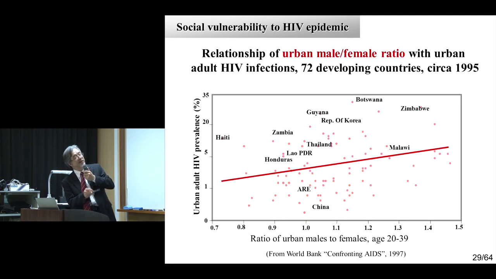This is the relationship between the urban male to female ratio and the HIV prevalence: the higher the ratio, the higher the HIV prevalence. So if the city has more females than males, this ratio is greater. So why does this relationship happen?